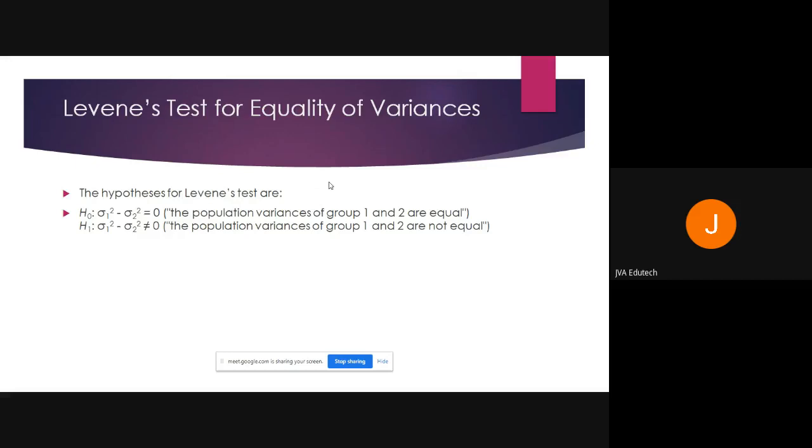Means the population variances of group 1 and group 2 are equal, and the population variances of group 1 and group 2 are not equal. So if you find that the population variances of group 1 and group 2 are equal, means there is homogeneity. You can say there is homogeneity of variance. In the other case, if your null hypothesis is rejected, you will say there is no homogeneity of variance.